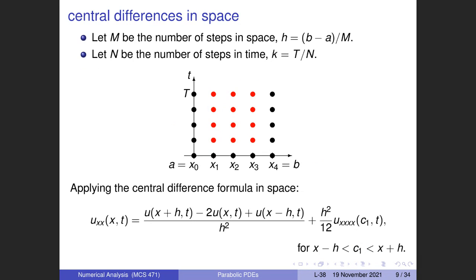All right, so we have our forward time method. Then we have the second partial derivative from the right-hand side of the differential equation. And there we apply the central difference formula, the same central difference formula that we applied when we considered the 2-point boundary value problems.